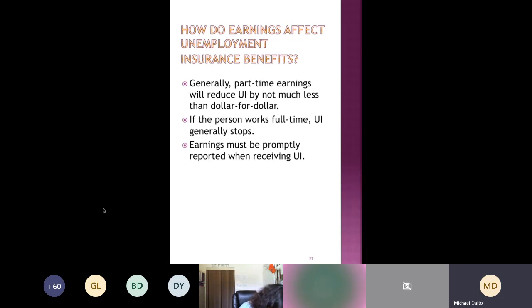In a couple states I've looked at recently, a person working part-time might be able to keep the first maybe $40 or $50 a week that they earn, but every dollar they earn above that amount would reduce their UI benefit dollar for dollar. And as I said, the earnings have to be promptly reported when you're getting UI each week with your weekly or bi-weekly, depending on the state, claims file.